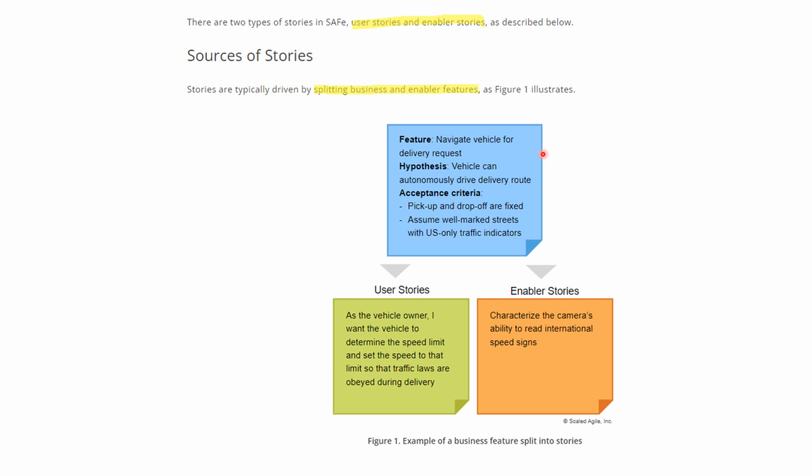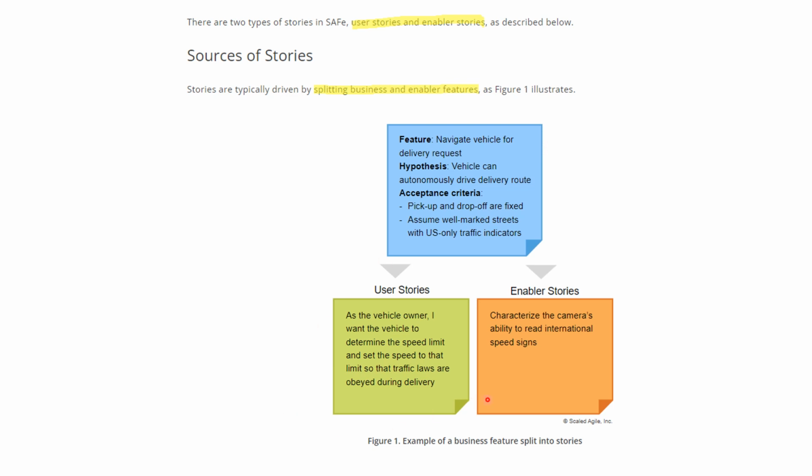Hypothesis: vehicle can autonomously drive delivery route. Acceptance criteria: pickup and drop off are fixed. Assume well-marked states with US only traffic indicator, right? This is a business feature for a self-driving car or autonomous car, right?